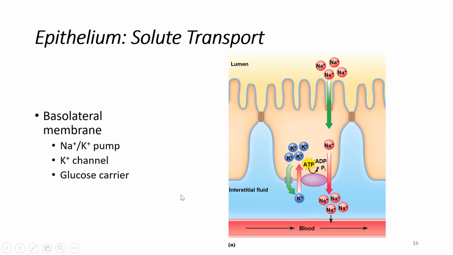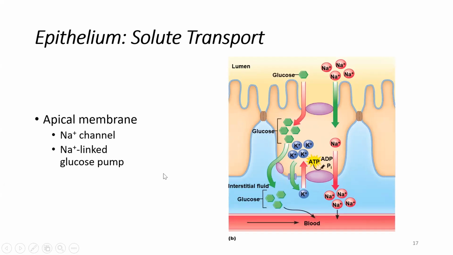We also have glucose carriers. So here we can see some of those glucose carriers. Remember those transporters that we talked about that help with facilitated diffusion of glucose to be taken up into the blood and circulated to our cells. This glucose carrier is located on the basolateral surface of the cell as well, okay?